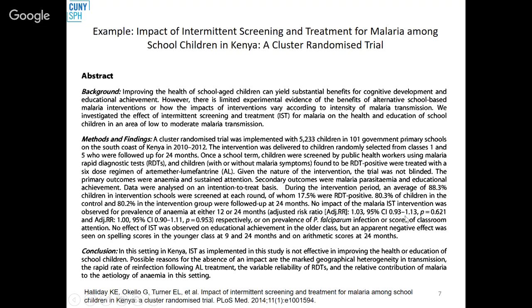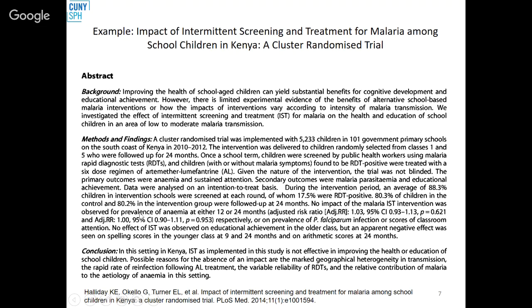And then there's this value of p, which we haven't covered yet today, but we will, of 0.621. And that is the probability of observing this result, or something even a bigger effect, just by chance if there is no effectiveness of the treatment. So we have risk ratio, confidence interval, p-value.